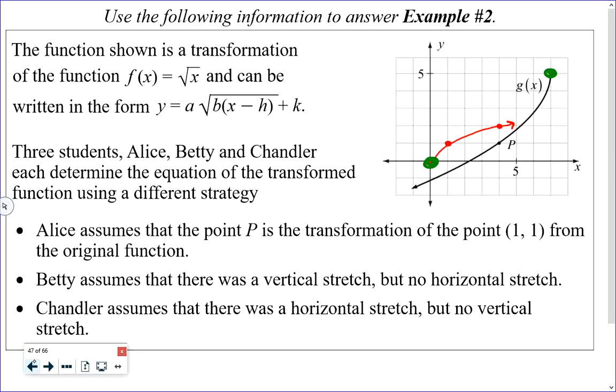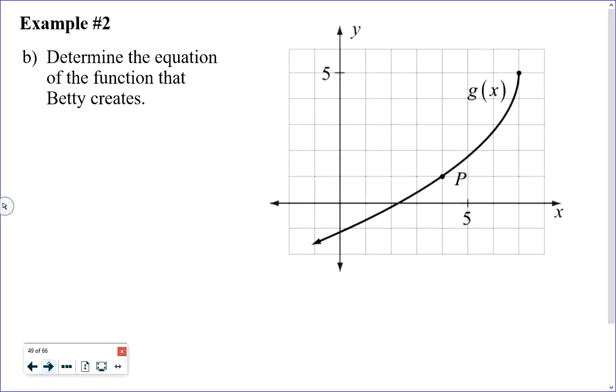And some of you will wonder how that's possible because clearly there's a horizontal stretch. You're wrong if you say clearly there's a horizontal stretch. There's a horizontal stretch if you assume 1, 1 turned into P. But maybe P is there for a different reason. So Betty is assuming there's a vertical stretch but no horizontal.